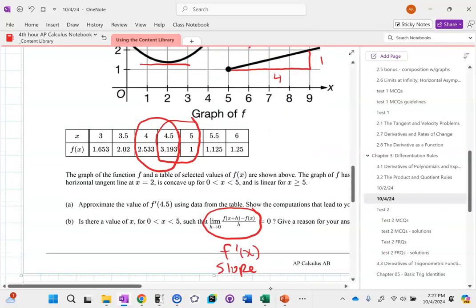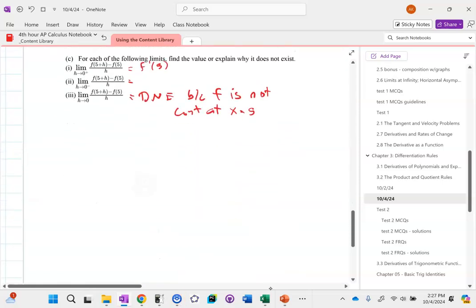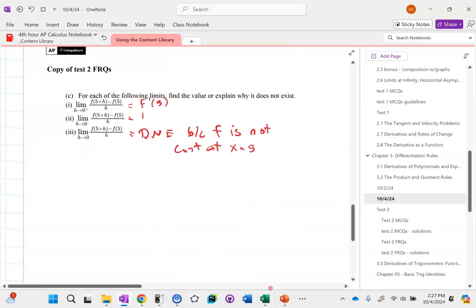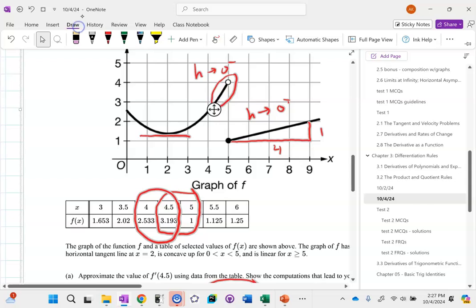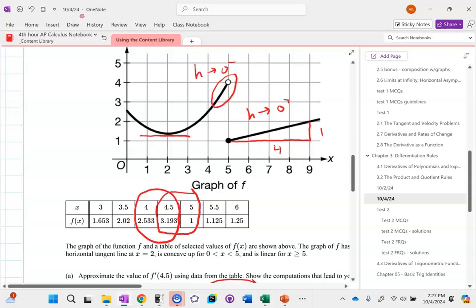So that's going to be 1/4. And then from the left, the best case I can do is approximate this by using that slope from 4.5 to 5.